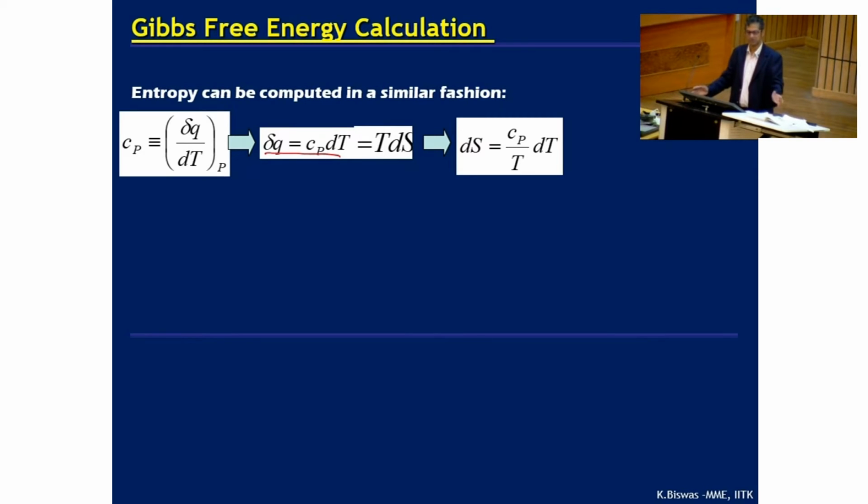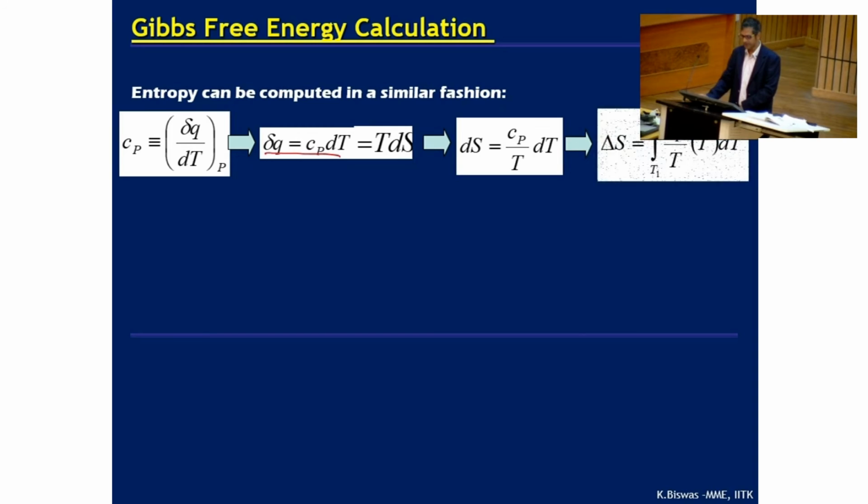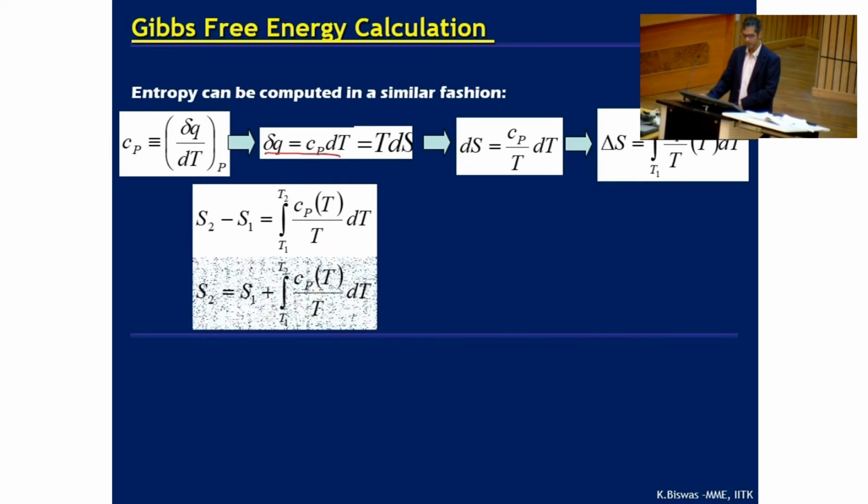Straightforward, right? There's nothing in it. Integration of that gives you the change of entropy, Cp by T dT. In enthalpy it is Cp dT; in entropy it is Cp by T dT. This is the mistake many students make. They always forget this relationship. Okay. Then you can do all these things.